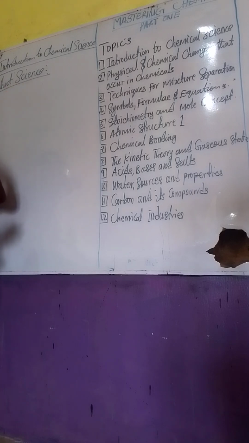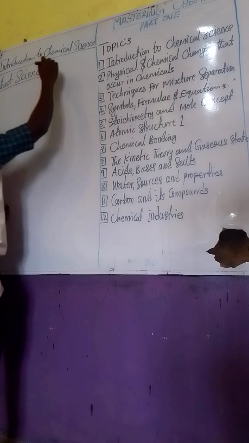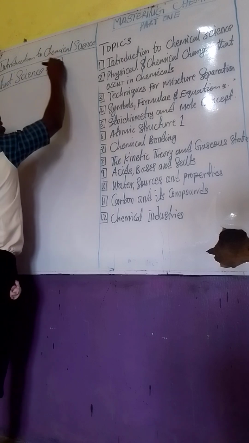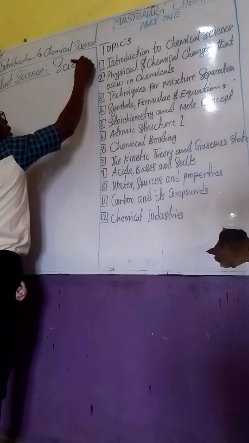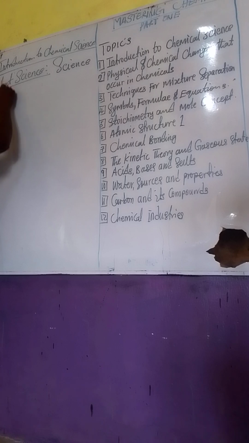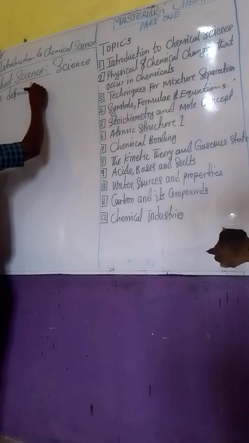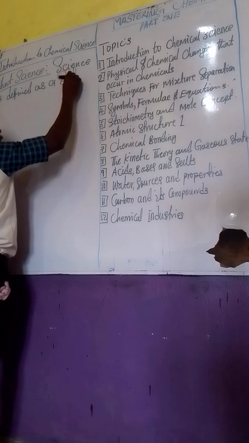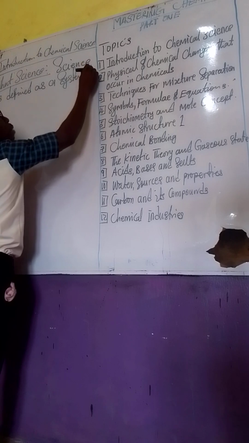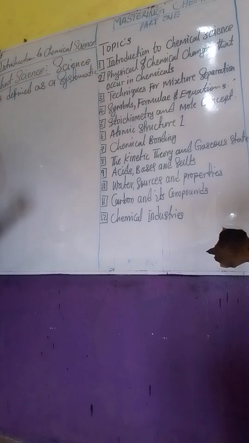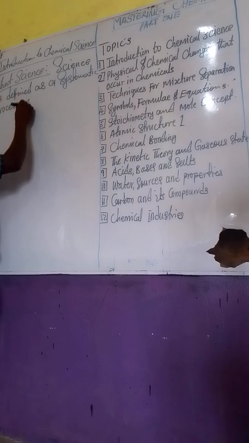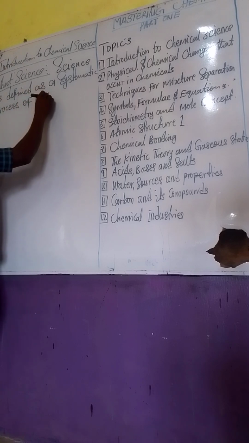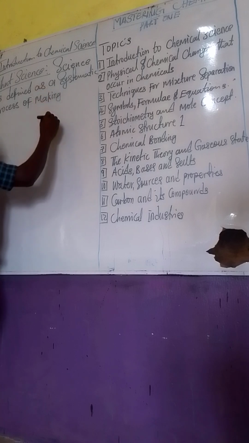What is science? Generally, science is defined as a systematic process of making inquiry about matter. Take note of this keyword.